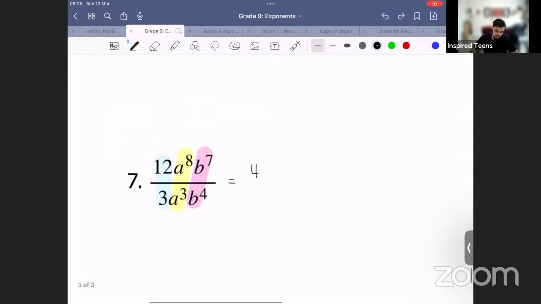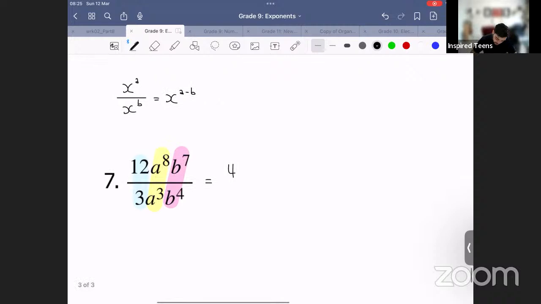Now this is rule number 2. What is rule number 2? When I have the same bases in division, I can write it all under the same base and subtract the exponents. So a to the m divided by a to the n is a to the m minus n.